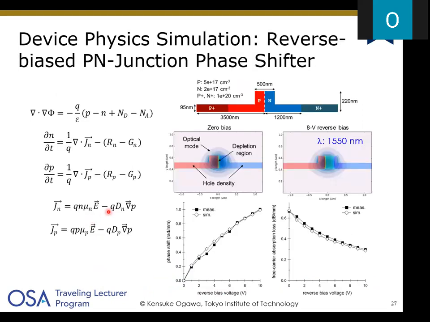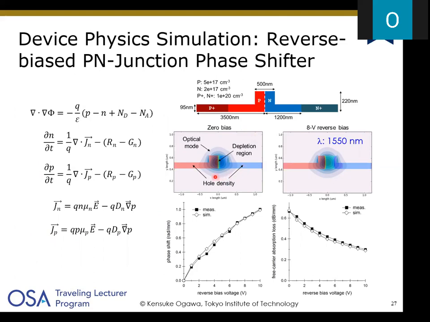And the modeling of the phase modulation in a PN junction phase shifter in a silicon waveguide can be dealt with using this equation, the equation of continuity and the current flow in a PN junction waveguide.